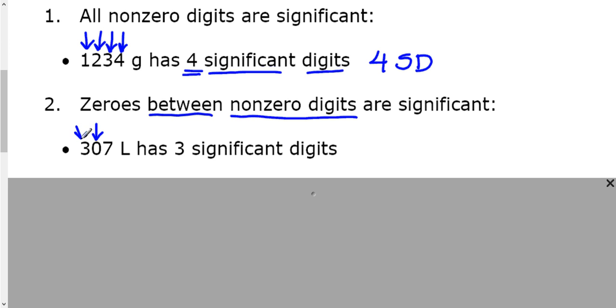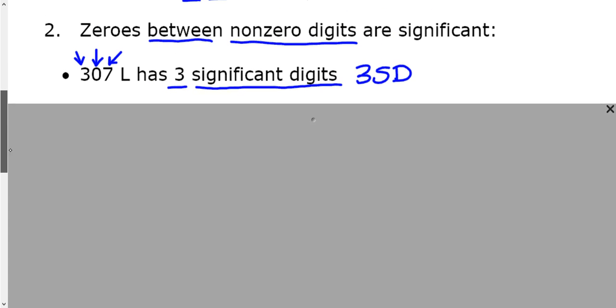It has a number 3 and a number 7 on both sides. 3 counts as significant, 7 counts as significant, and because the 0 is wedged between them, that also counts as significant. So 1, 2, 3. This number has 3 significant digits. 3 SD.